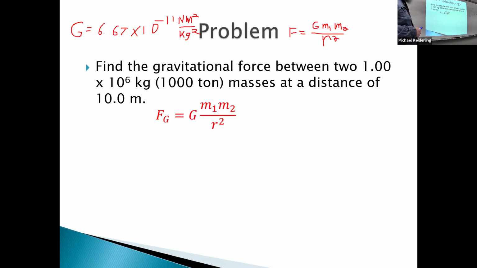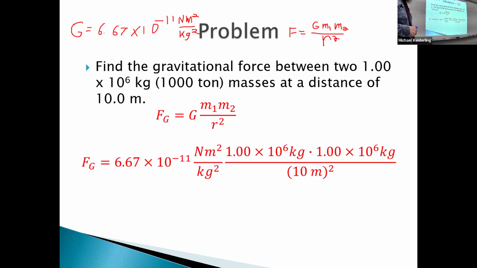That's 6.67 times 10 to the minus 11 times 1 times 10 to the 6 kilograms times 1 times 10 to the 6 kilograms divided by 10 meters squared. So that's 6.67 times 10 to the minus 1 newtons, or 0.667 newtons. That's 10 to the minus 11 times 10 to the 12 divided by 10 to the 2.